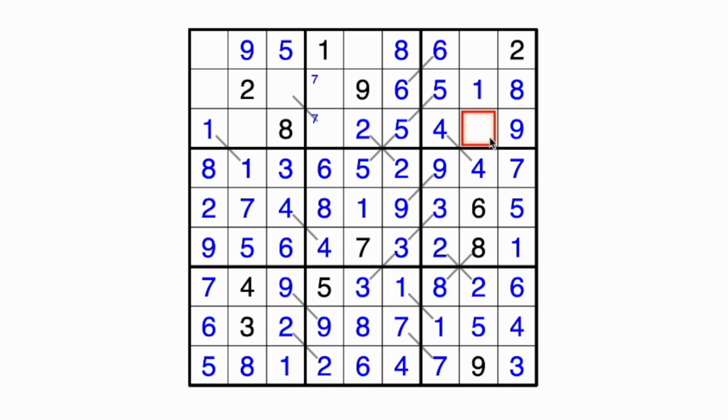And then we've got 1, 2, 3, 4, and 7. But 4 has to be here. So if these are 3 and 7, 3 can't be in this one. 3, 7, 7. 7 comes over here. 3 comes over here. 6 comes here. 3 and 4.